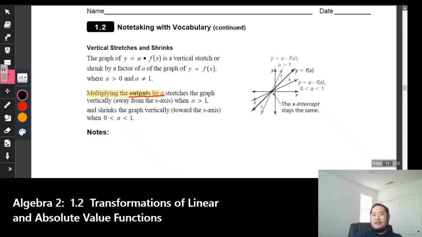When A is greater than 1, we have a vertical stretch. When A is less than 1, greater than 0, it is a vertical shrink. So vertical stretch, vertical shrink. That's when the whole entire function is being multiplied by whatever our A term is.